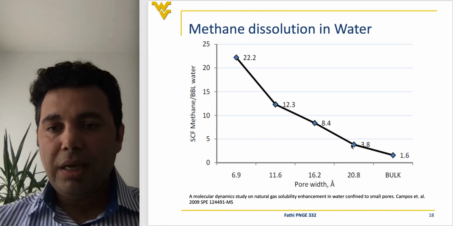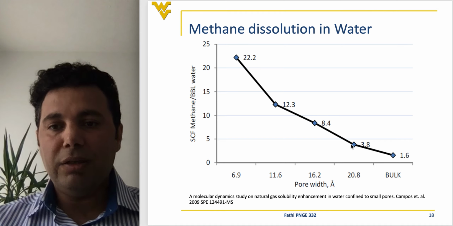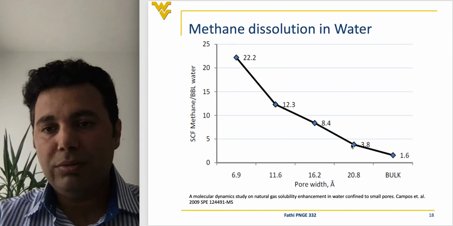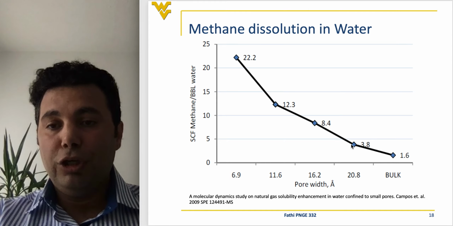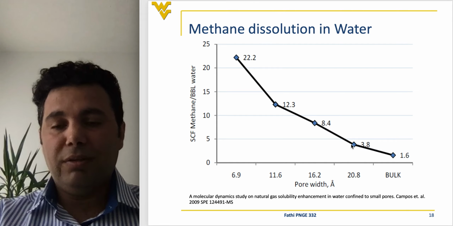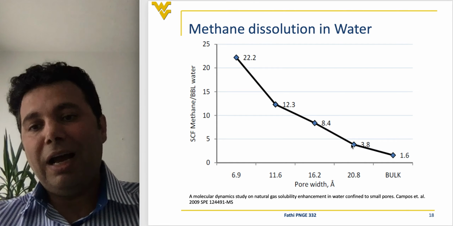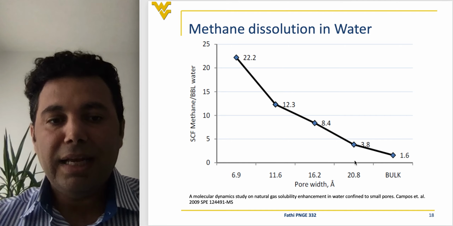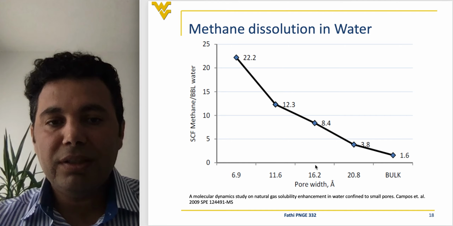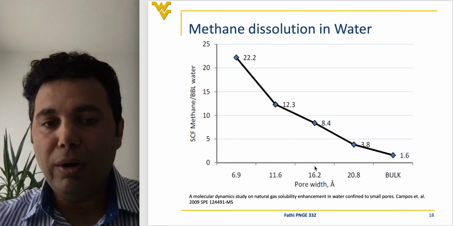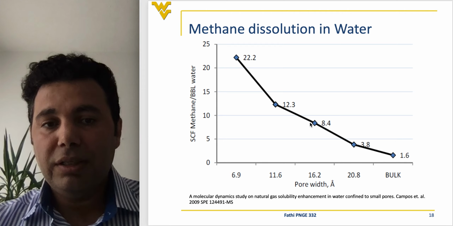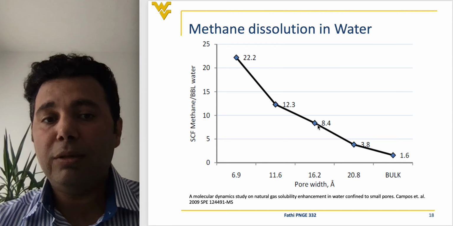So it's the same methane, it's the same water. What we did was simply shrink the size of the container. We have one barrel, but instead of having it in a big barrel, we have it in a very narrow nanotube. And then she said, if you drop the size to 1.6 nanometer from 2 nanometer, the amount will go up to 8.4.